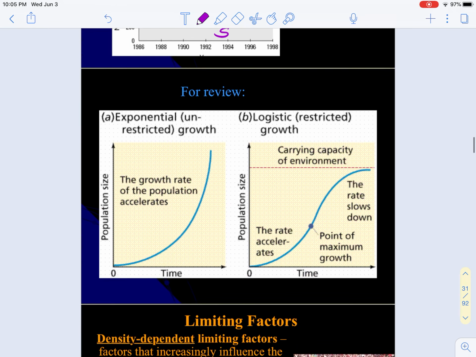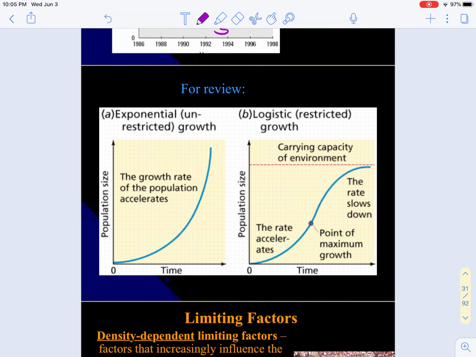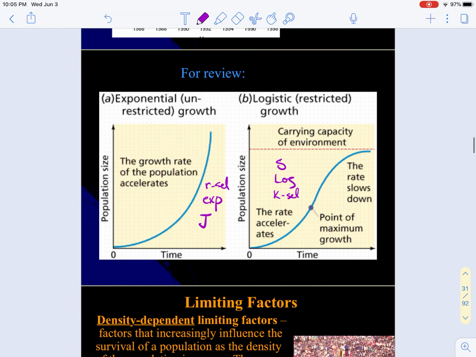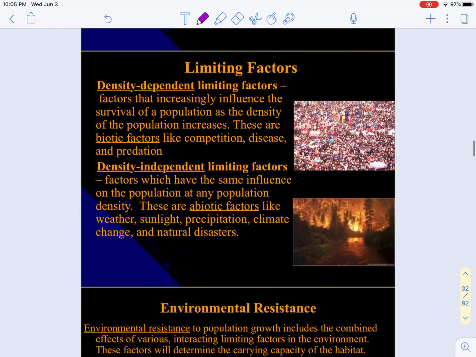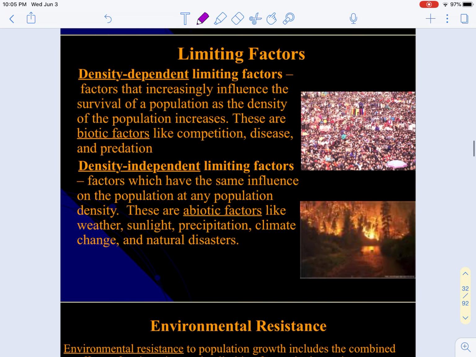So that is kind of compiling, reviewing those main concepts about graph shapes. And so when you review these, again, this would be the J, and this would be exponential, representing our R-selected species. This would be the S shape, and logistic, representing the K-selected species.